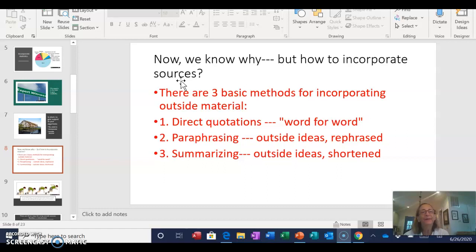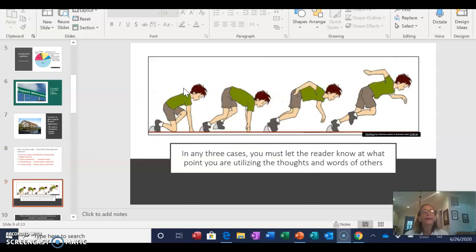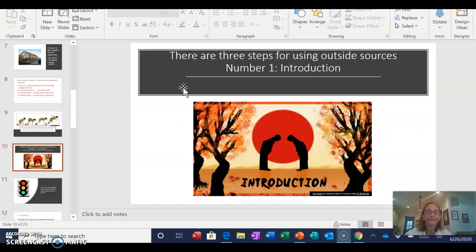But still, in all 3 cases, clearly in number 1, but in 2 and 3 as well, these are not your words, so you must give credit for them. You need to let the reader know where you are stopping your thoughts and ideas, and where you are picking up on what someone else outside has said, thought, done, shared.